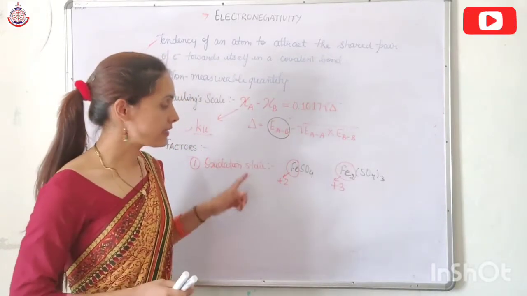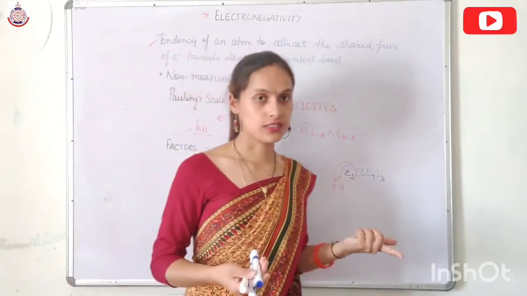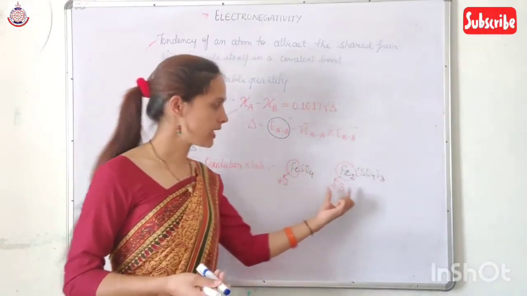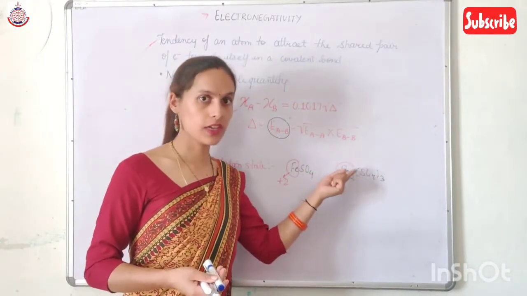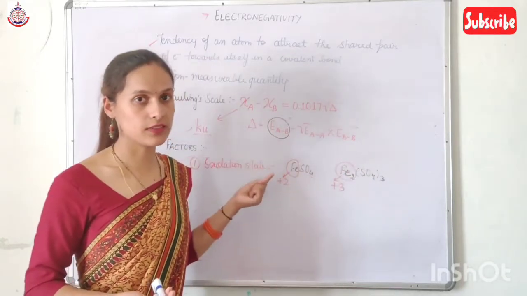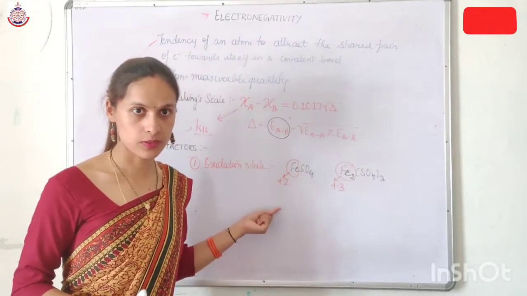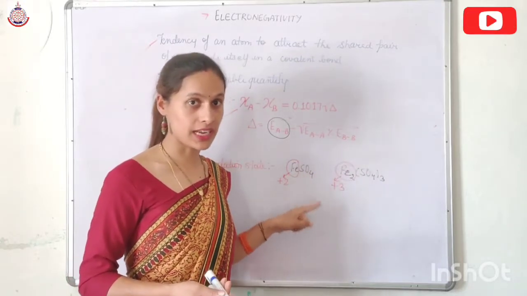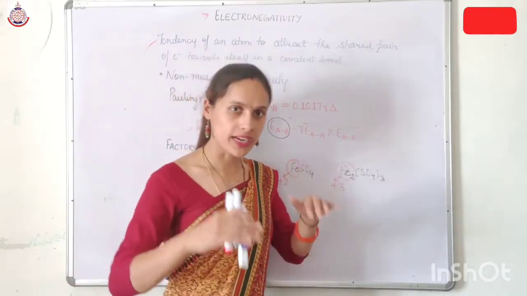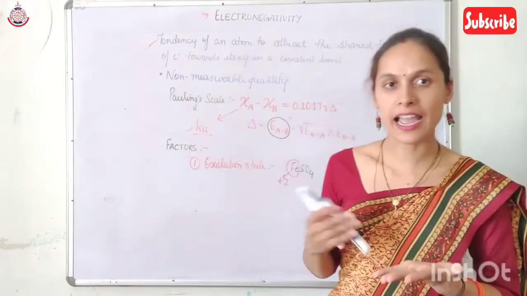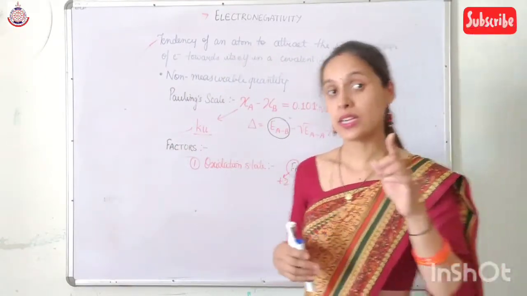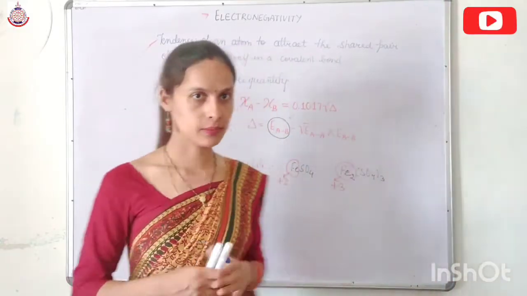I said greater the oxidation state, higher the electronegativity. It means Fe3+ is more electronegative than Fe2+. Now, what is the reason behind this?